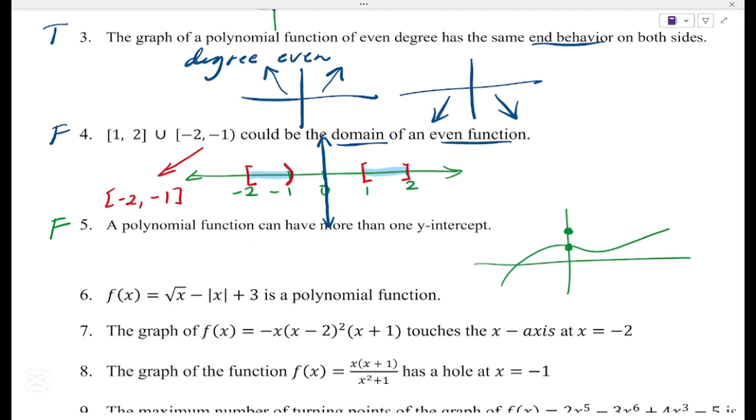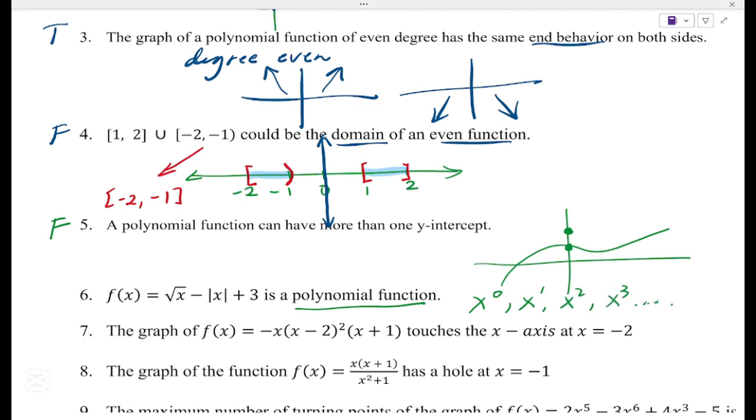Then for question number 6, this function, square root of x minus absolute value of x added by 3, is a polynomial function. Remember, the polynomial function is a smooth continuous curve, and the power of the variable in the polynomial function is power 0, power 1, power 2, power 3, and so on.